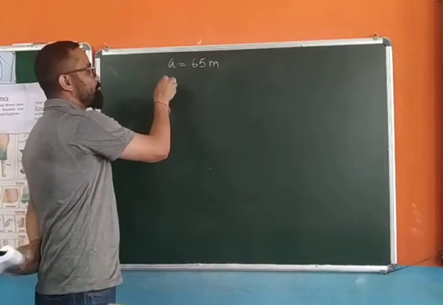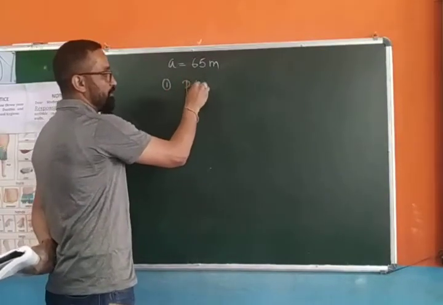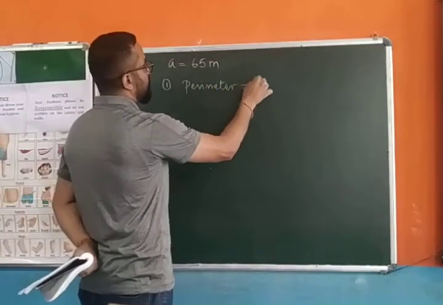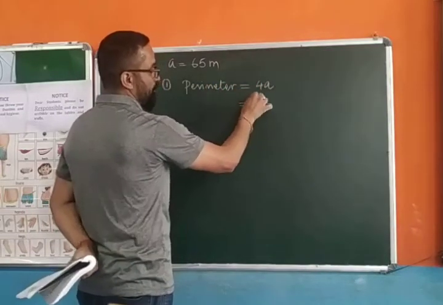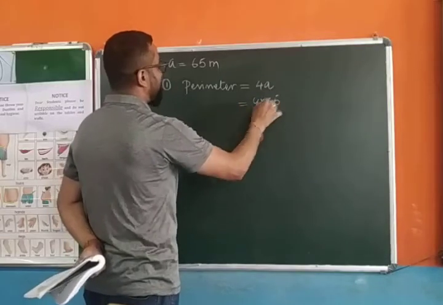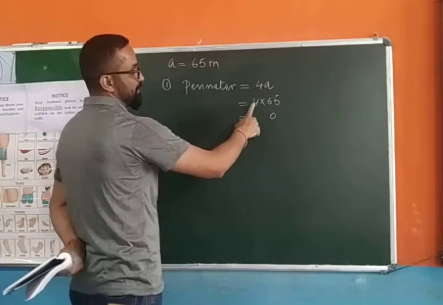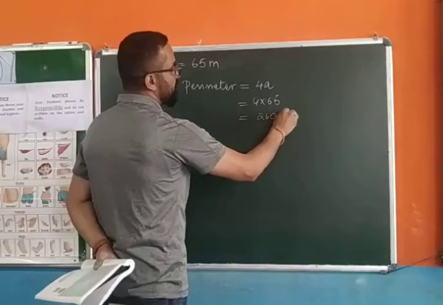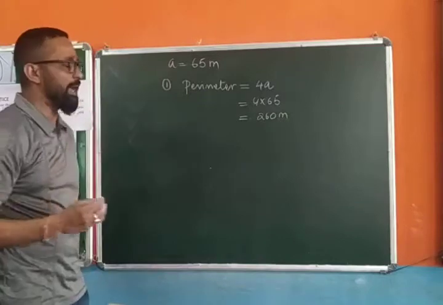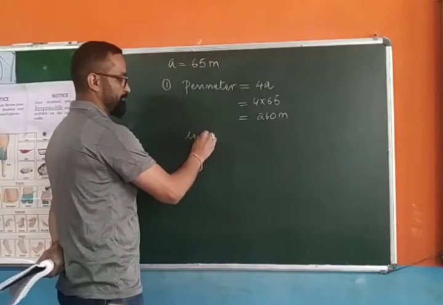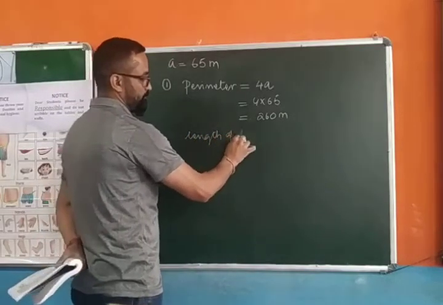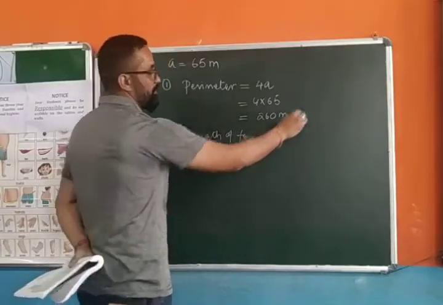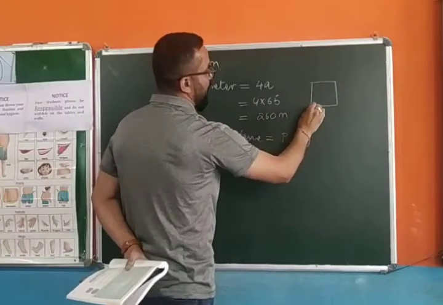So we calculate the first one, perimeter. Perimeter of square is 4A. 4 multiplied by 65 is 260 meter. Then we write length of fence is equal to perimeter, because it has to be put all around.